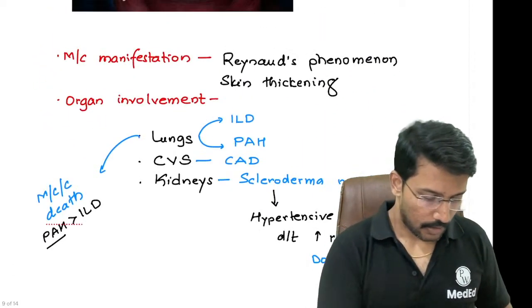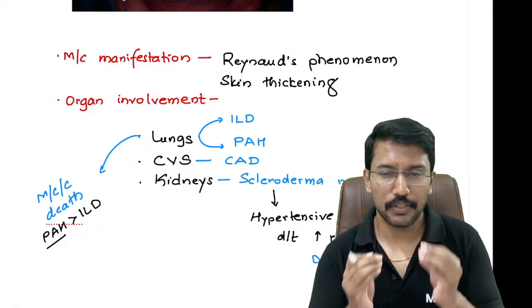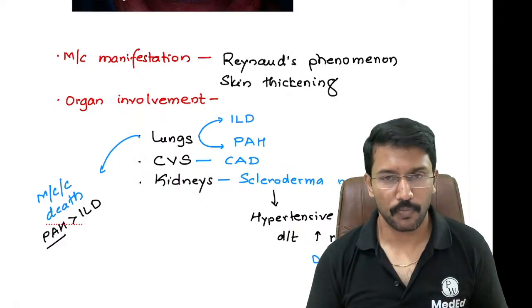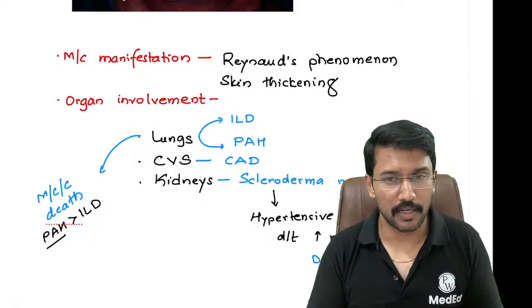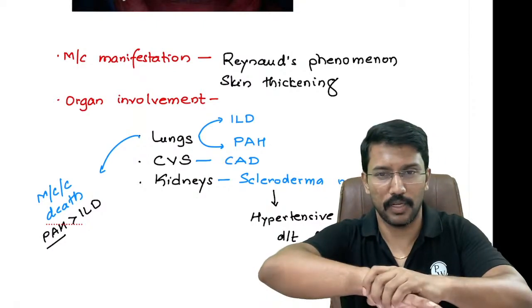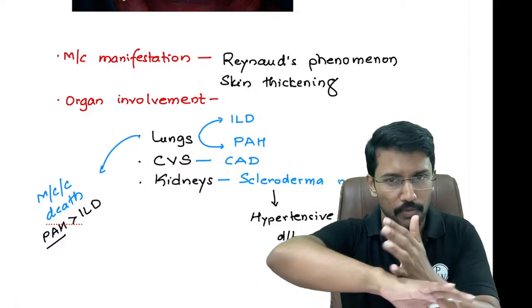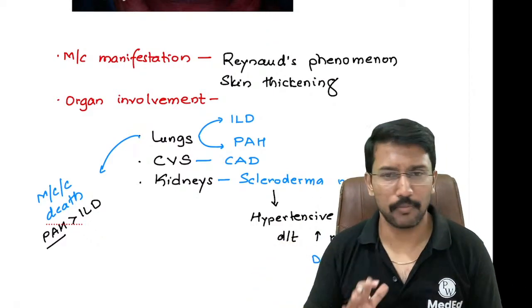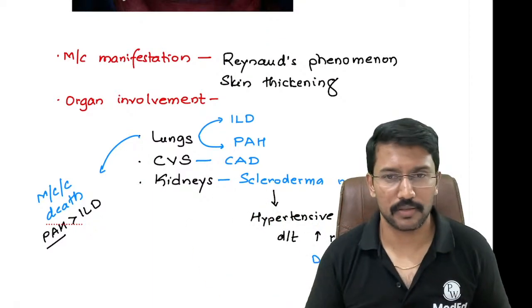Now, we studied about two types, diffuse cutaneous and limited cutaneous. They ask you MCQs comparing the two. It's not like a patient starts as limited cutaneous, where there is skin thickening only distal to the elbow and distal to the knee joint, plus some organ involvement, and then progresses to become diffuse cutaneous.